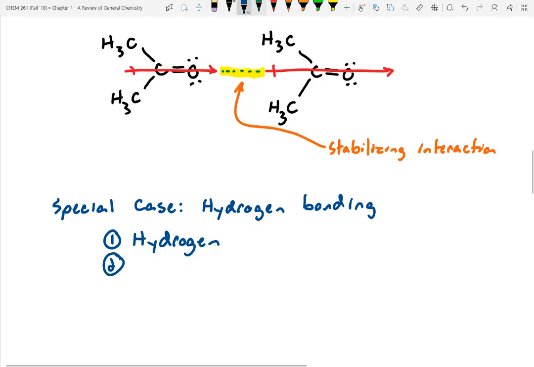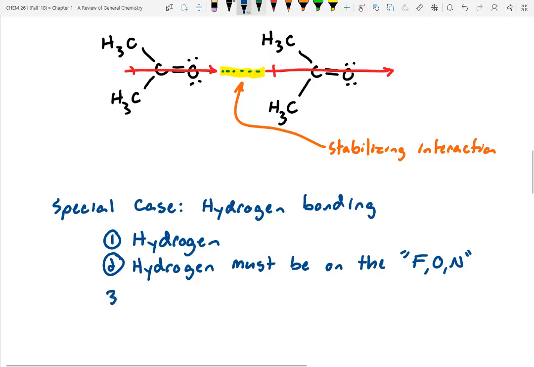I always think of it as hydrogen being on the phone, so fluorine, oxygen, or nitrogen. Hydrogen must be on the phone. Like I said, there are exceptions to this, but this covers about 95% of the examples that are known. And then last but not least, you must have a lone pair that can be donated to that hydrogen.